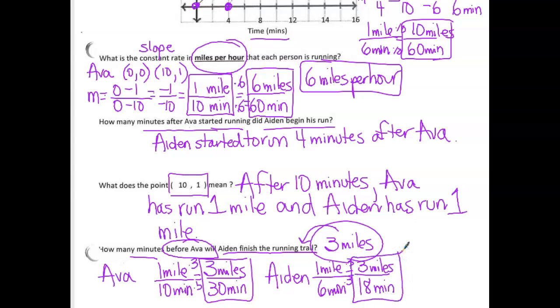And then, how many minutes before Ava will Aiden finish? I'm just going to subtract the two times. 30 minutes minus 18 minutes. So my final answer is 12 minutes. And that is how your warm-up is solved for today.